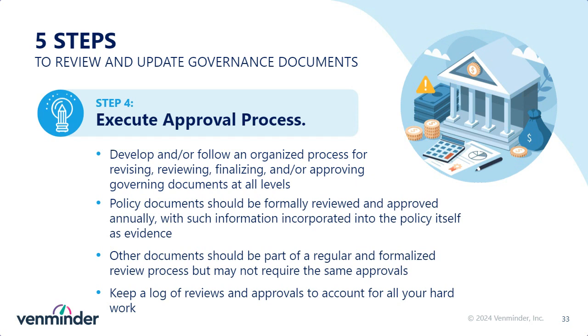So go ahead and follow that. But when it comes to your program documents and procedures, there may not be any official approval process. So it's a good idea to create your own and formalize it. That way your stakeholders will know when to expect updates or what they should be seeing and who approves it.